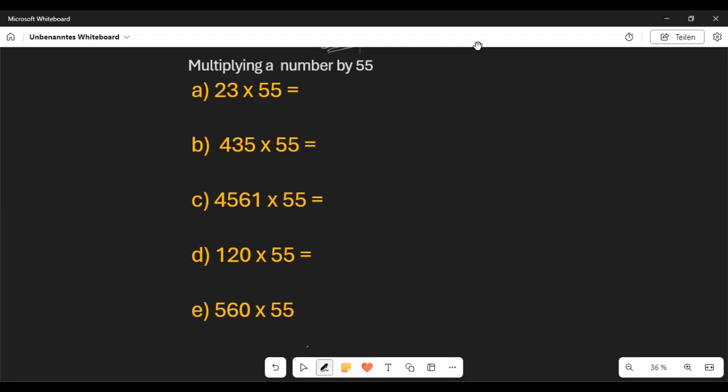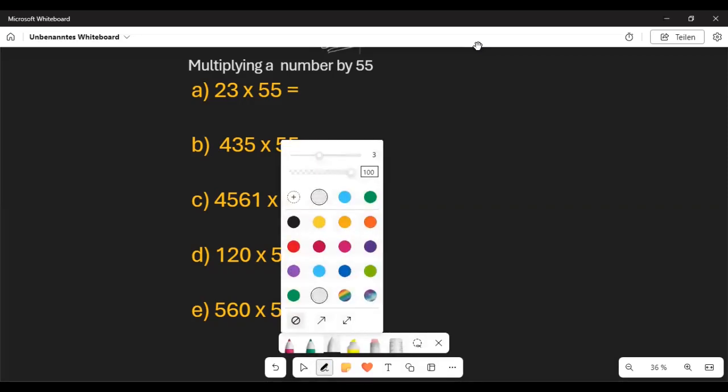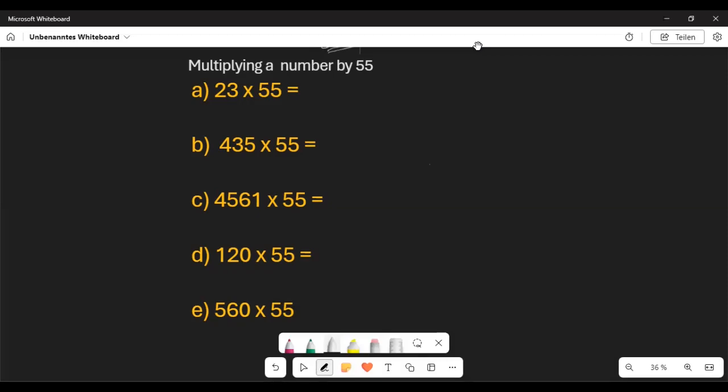First of all, in the previous videos, we looked at how to multiply a number by 50 and 45, and it was easy. So step 1: because 55 is more than 50, we have to demote 55 to 50.